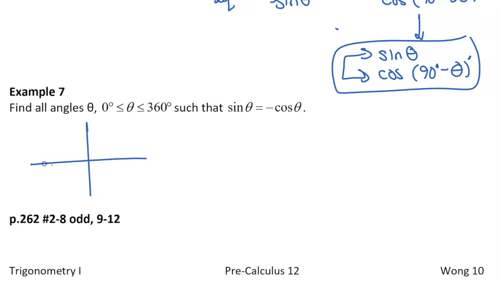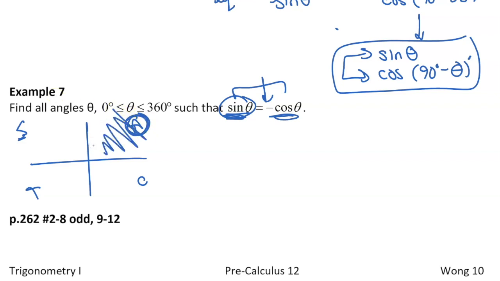If you draw your quadrants, this is saying that sine is going to have the opposite positive or negative as cosine. If they're all positive in quadrant 1, then they're not the opposite, so we don't have an answer in quadrant 1.